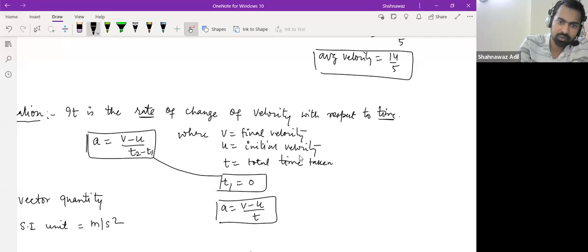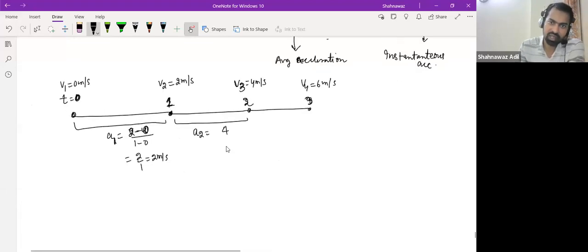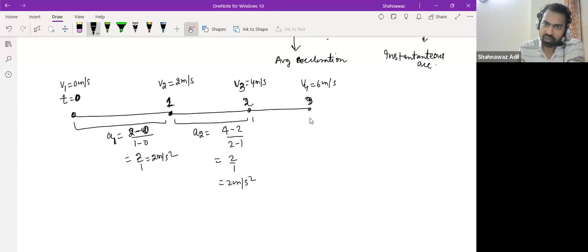In the next journey, what would be the acceleration? V3 minus V2, which is 4 minus 2 by 2 minus 1. Again 2 by 1, which is 2 meter per second square. Then for A3, it is 6 minus 4 divided by 3 minus 2, again 2 by 1, which is 2 meter per second square.